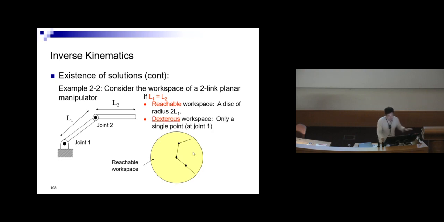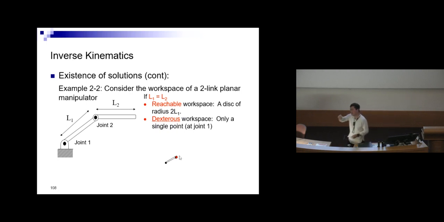So the textureless workspace will only be a single point at the joint 1. For this single point, if you want to reach it in all orientations, this way, this way, this way, and this way, only the center point can do that.